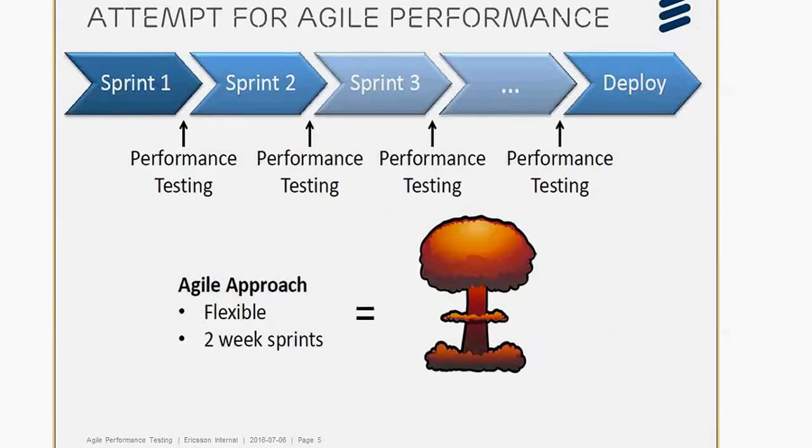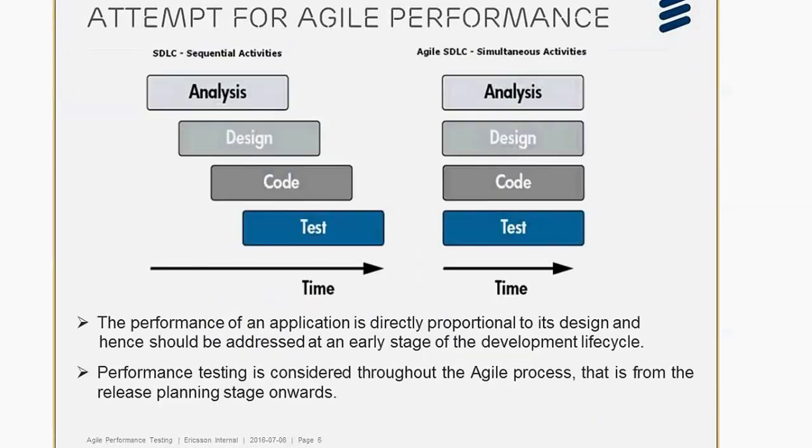So if I show you this particular slide, the SDLC is actually nothing but a sequential list of activities. We do analysis, design, code, and test, and as time increases, each block of work starts coming in.